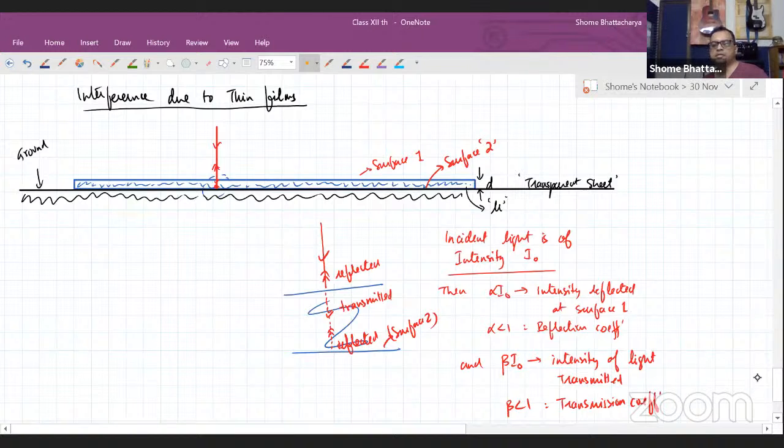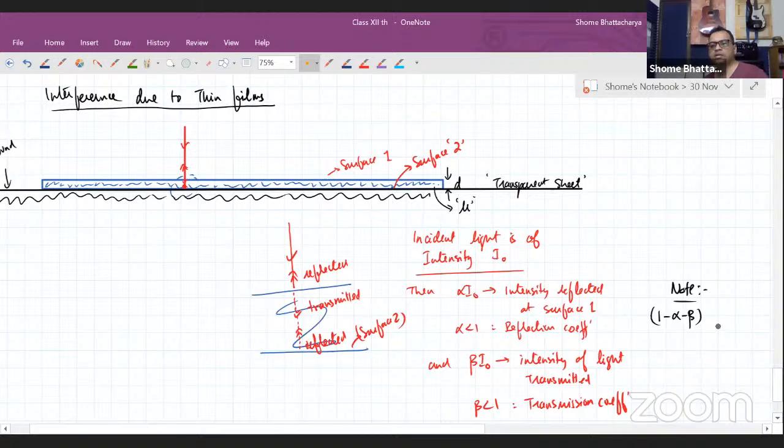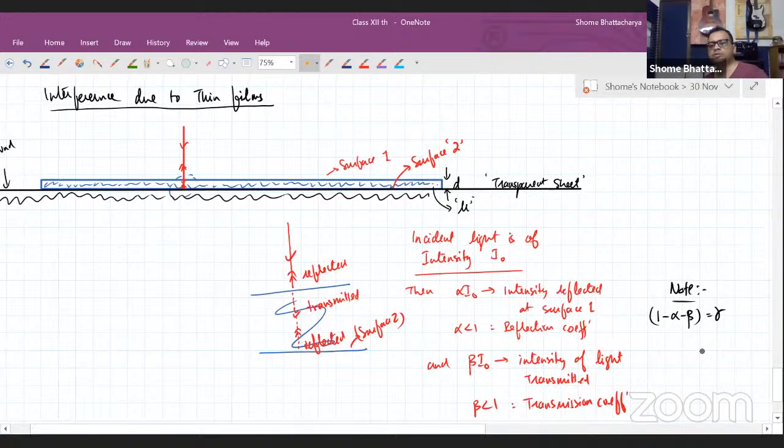Okay. And in general, what we say here is that 1 minus alpha minus beta, let's say gamma, becomes the absorption coefficient.